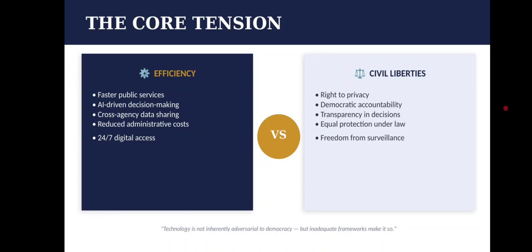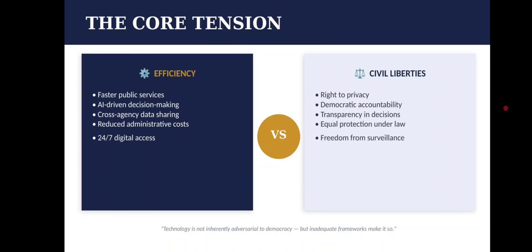The core tension. On one side, we have efficiency. This includes faster public services, automation, reduced administrative delays, and improved accuracy in decision making. Governments aim to create a system that is quick, smooth, and cost effective. On the other side, we have civil liberties.